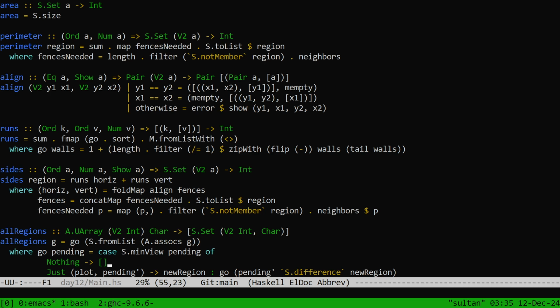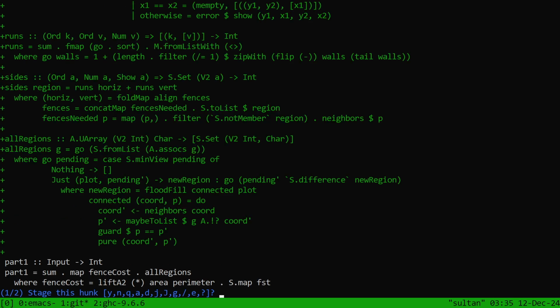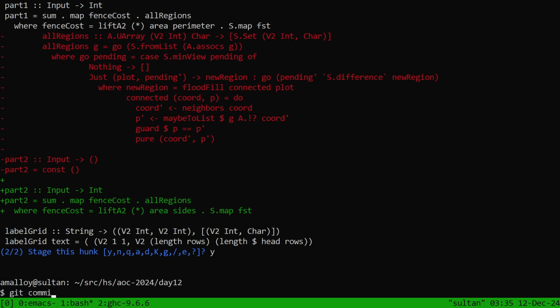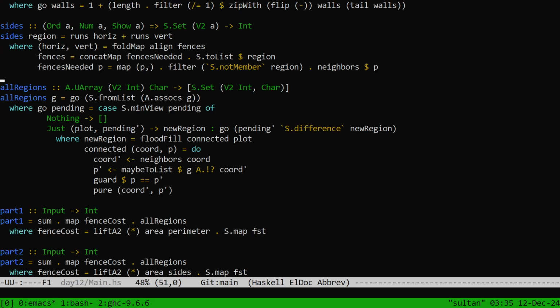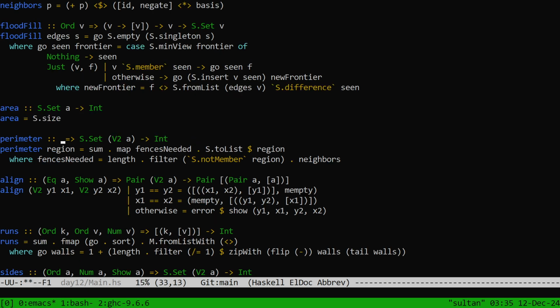So, okay, first of all, let's commit this, something that actually works. Day 12 part 2. And now let's go and fix the types so they're not so awful. Like this one, I really ought to just use ints. I think flood fill is fine.